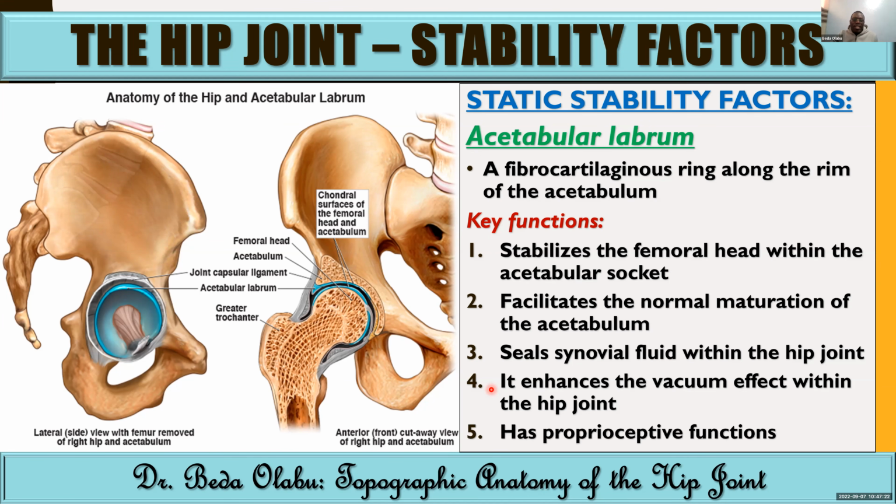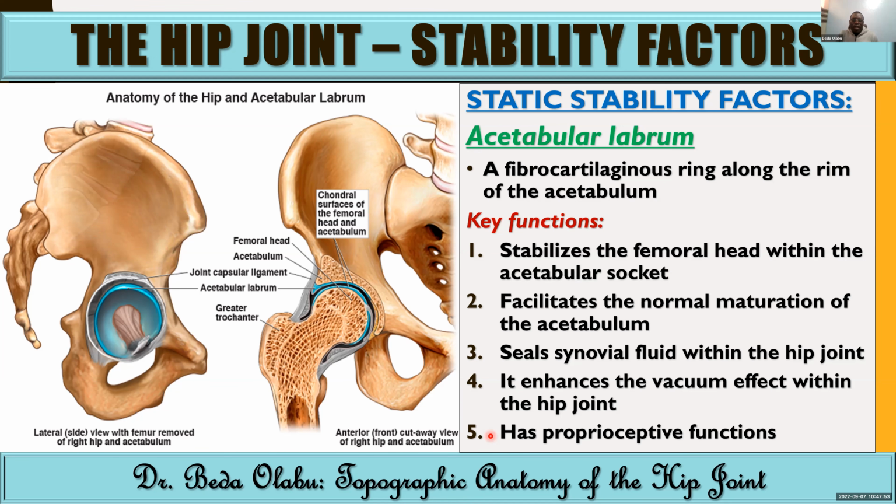Last but not least, the labrum also has proprioceptive functions. Maybe you don't know what proprioception is. Proprioception is basically the sense of position, the sense of spatial orientation in space. You can be seated, and even without opening your eyes, you are aware that you are seated. And with your eyes closed, you can still stand, and you are aware you are standing.